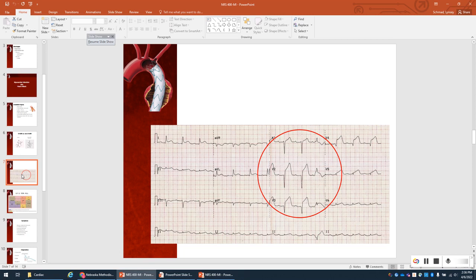If ST elevation is in 1 through 3 or AVF leads, it's a posterior wall infarction, the right main artery, which is less common. So I don't expect you to know just by looking at these EKGs which artery is occluded, but I want you to know how this information is gathered.